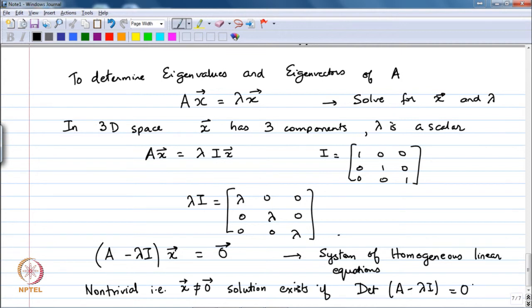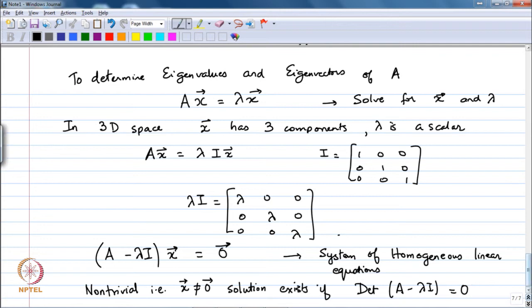We already saw in the problem set from the previous module, when we wanted to look at linear independence of 3 vectors in 3 dimensional space, we got a system of homogeneous linear equations, and we said that the non-trivial solution, that is x not equal to 0, exists only if this determinant is equal to 0.